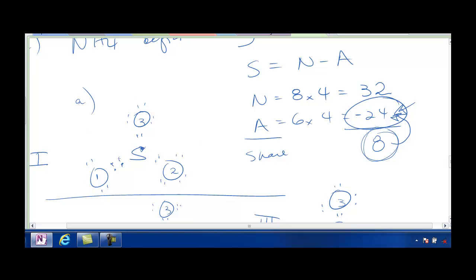But if I am going to be nice and say, okay, this is the structure of SO3, and I know of this distribution, oxygen brought 6, right? So every oxygen, I'm going to write the oxygens in blue and the sulfurs in red.